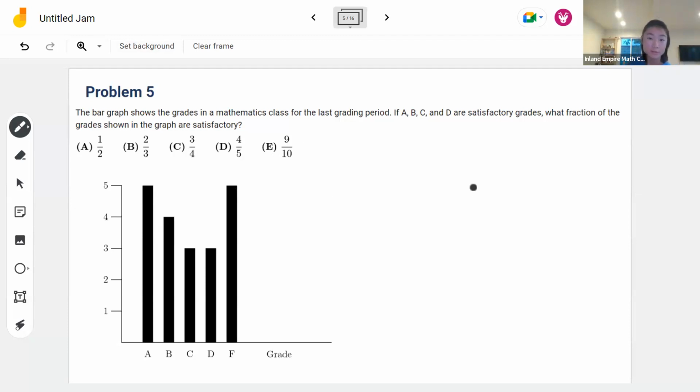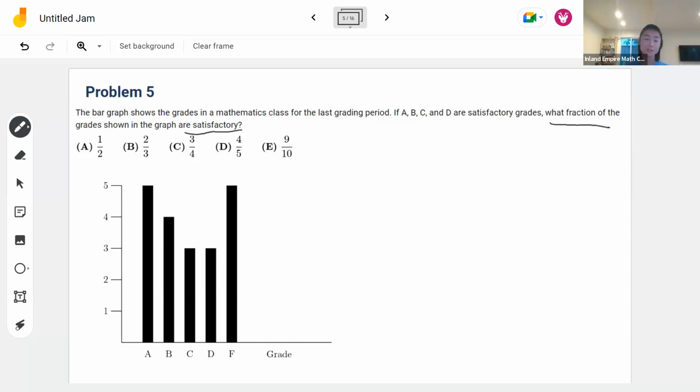All right, so first of all, this bar graph here is just displaying the grades for people. Oh, Angela, yeah, good job, it's the correct answer. The bar graph is displaying the grades and asking what fraction of the grades in the graph are satisfactory. And we know that A, B, C, and D are satisfactory.